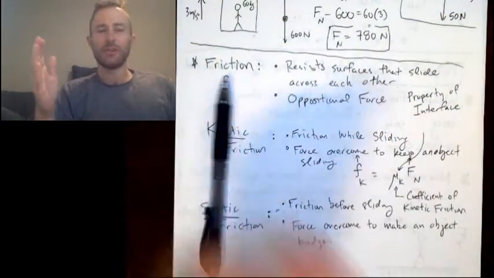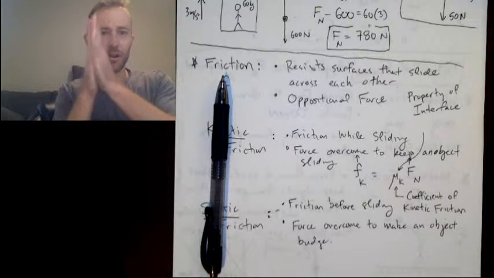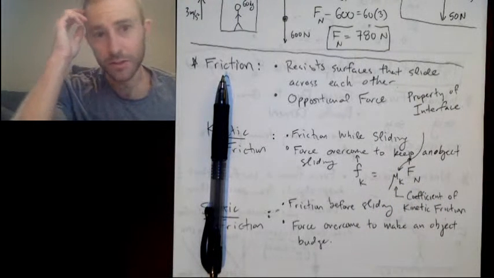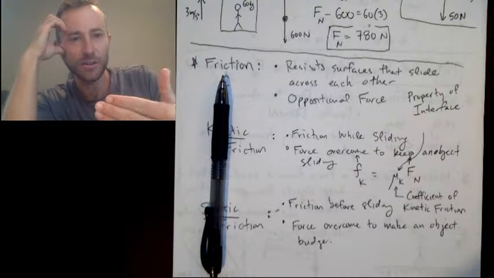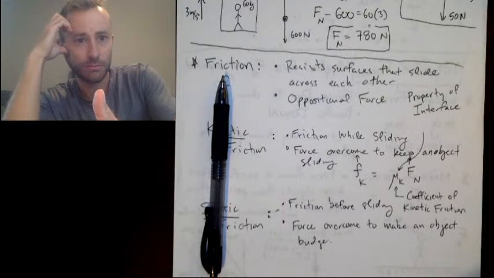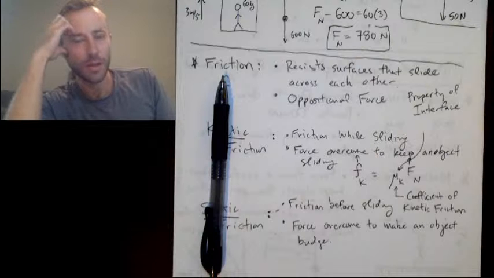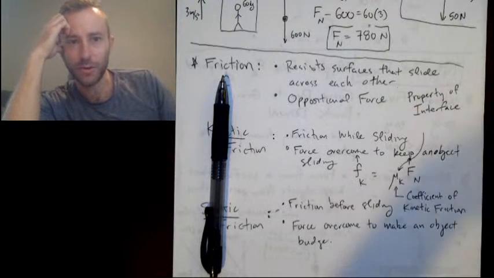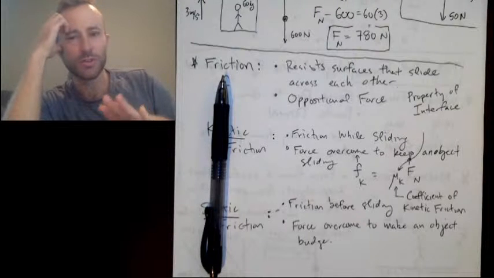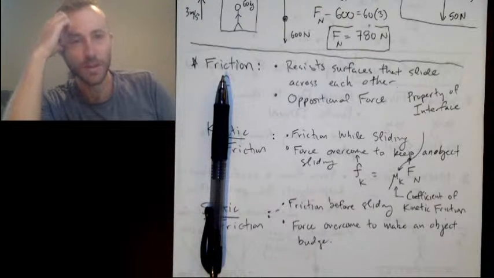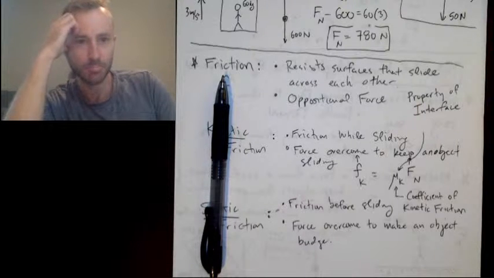There's a certain coefficient of kinetic friction for skin to slide across skin. There's a certain coefficient of kinetic friction for tire on the road. Tire on pavement has a certain coefficient of friction. There's a certain coefficient of friction for metal on ice. So the more slippery the surface is, the smaller the coefficient of friction.